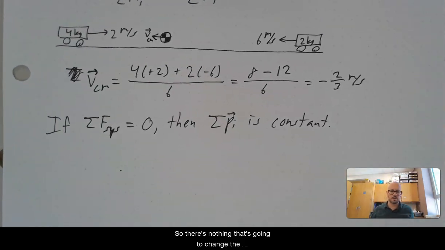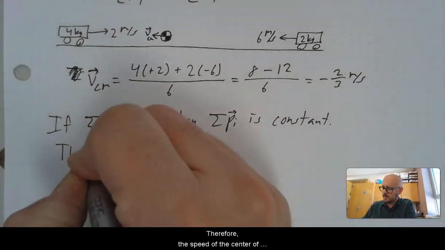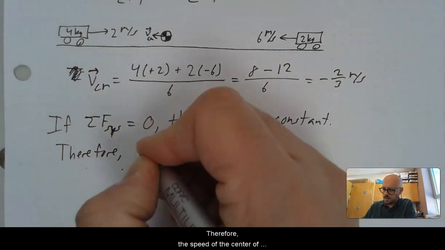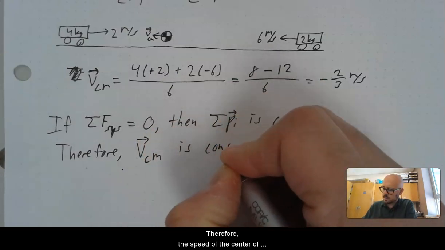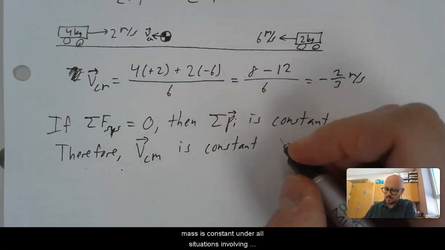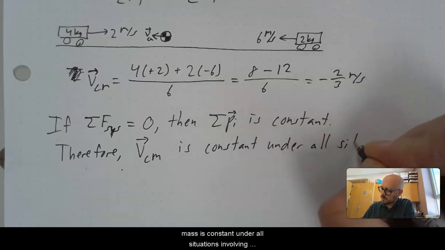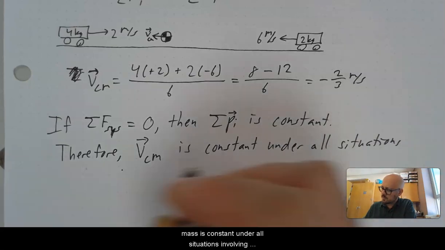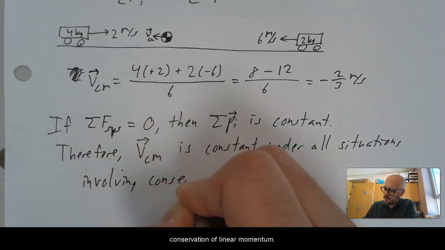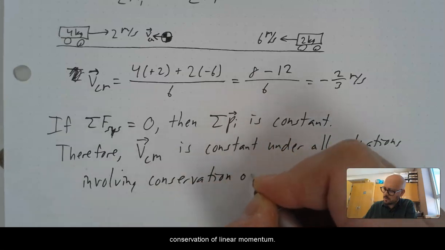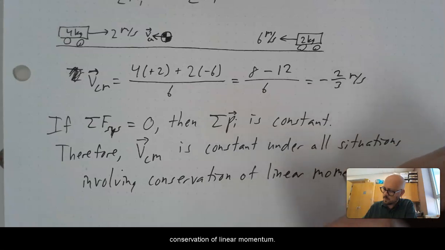So there's nothing that's going to change the momentum of the system. Therefore, the speed of the center of mass is constant under all situations involving conservation of linear momentum.